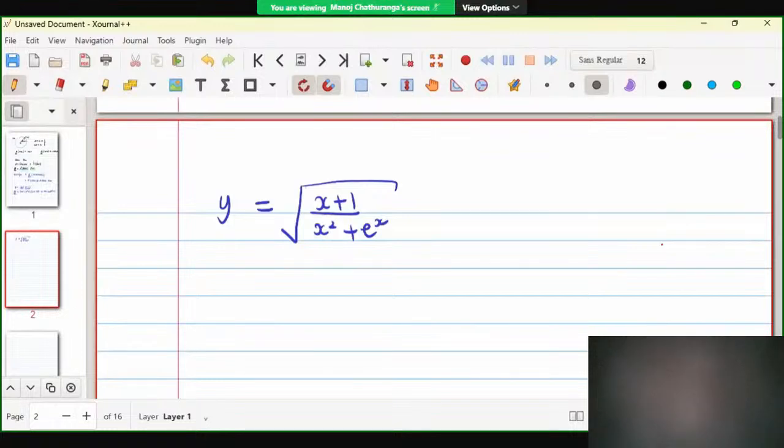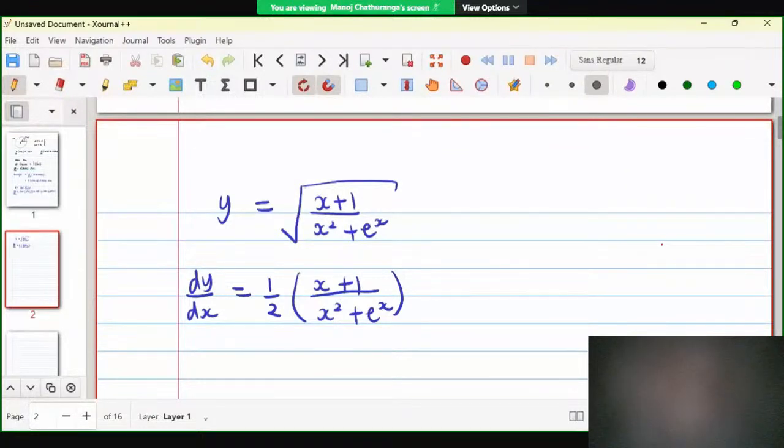So let's differentiate this. First thing is to differentiate the outer function. Square root means power 1/2. So bring the power to the front, keep whatever is inside, then reduce the exponent by 1.